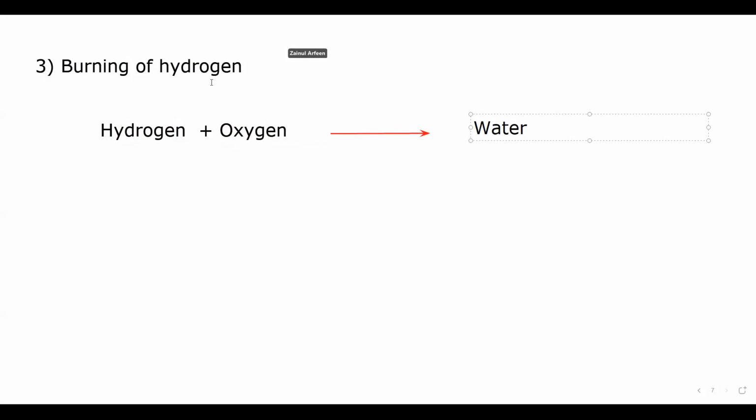So because burning is there, combustion is there, whenever there is combustion or one of the reactants is oxygen, the reaction will be exothermic. So this example will be exothermic. It will release energy.